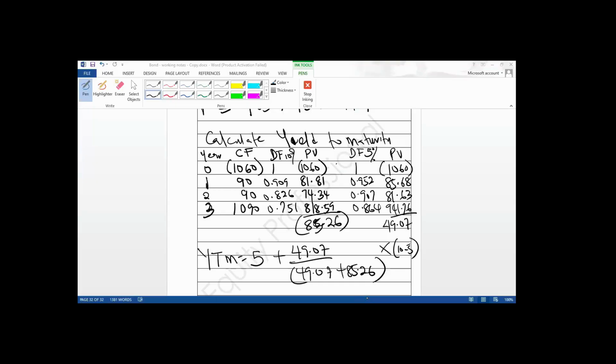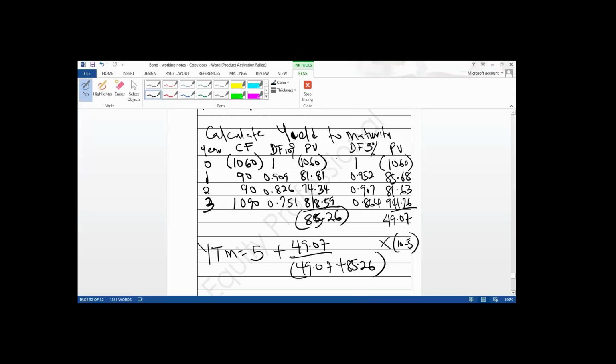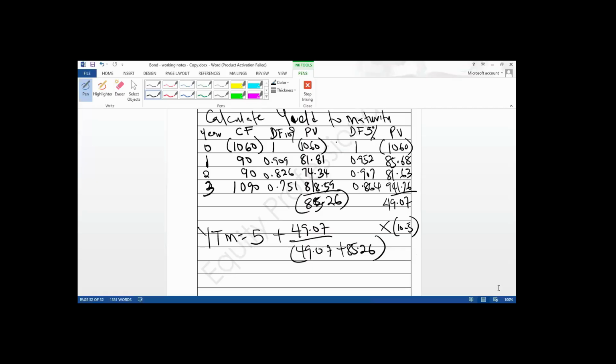What is the yield to maturity? 7%, or 6.8, you can approximate. 6.83%. That is the yield to maturity of this bond.